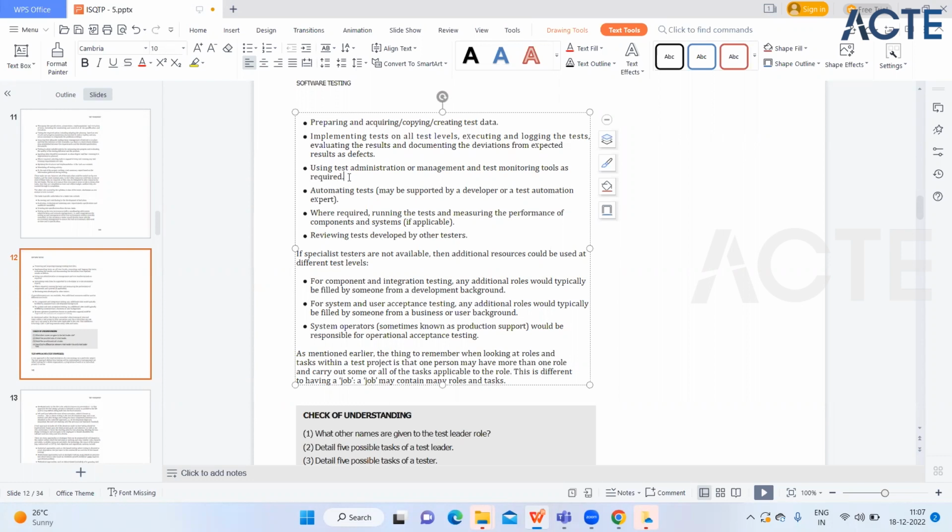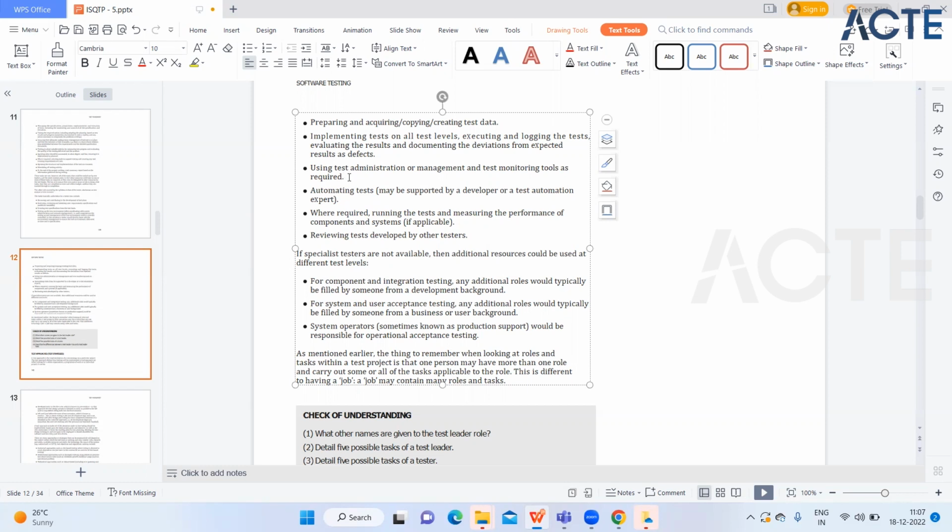It is also the responsibility of automating the test, if the test lead has assigned you to automate some test cases, then you have to check what tool you should use, where required running the test and measuring the performance of components and systems is applicable.